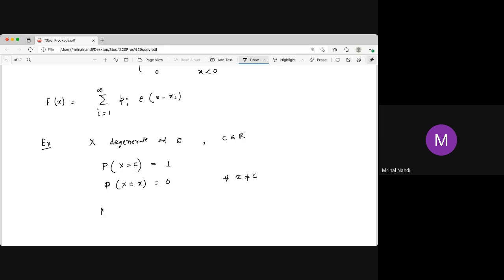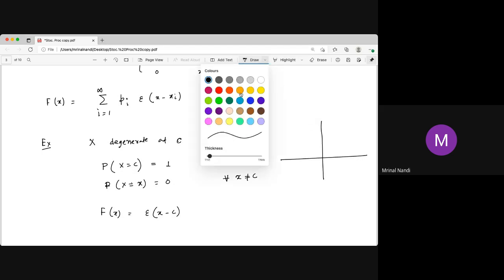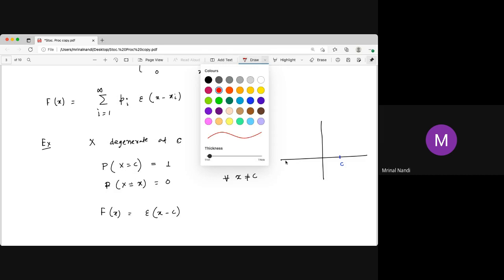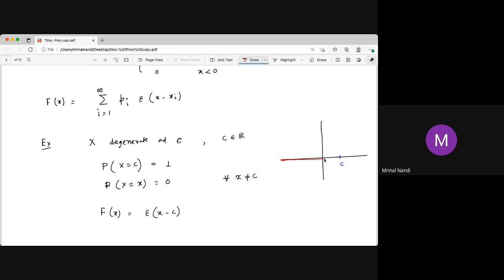So how do you write the distribution function? It can be written in this form. Only one pi is 1, so it has no sum. It's just epsilon of x minus C. So what does our distribution function look like? Say this is my C. Before C, the distribution function, drawn in red, is 0, with C open, and once it reaches C, it is 1.